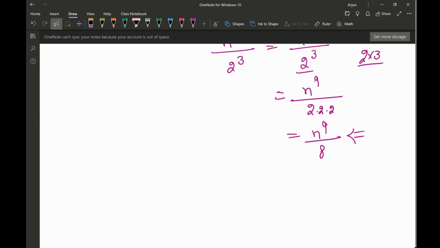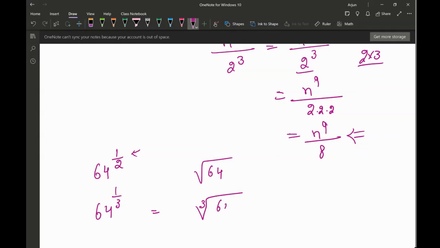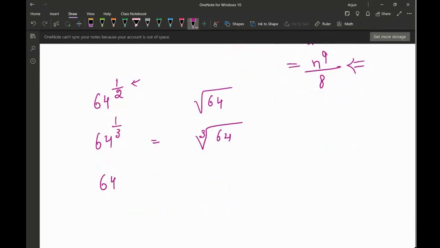So if the question has a fractional exponent, for example, 64 raised to the power 1 over 2, this means square root of 64. If it was 64 raised to the power 1 over 3, it means cube root of 64. If it was 64 raised to the power 1 over 4, it means you are looking for the fourth root of 64.